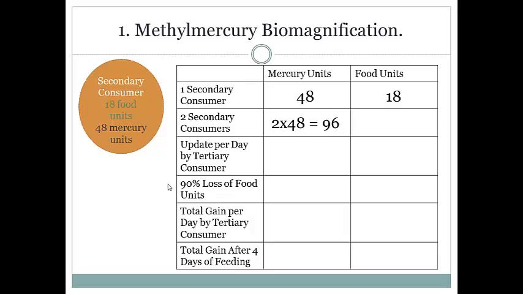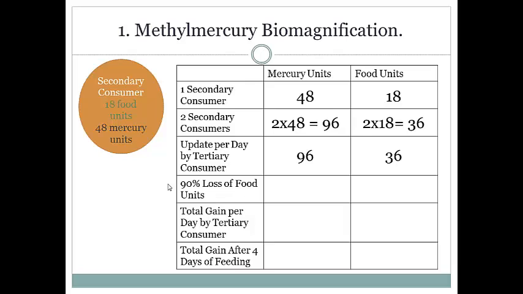So that means he would uptake 96 of the mercury units, 2 times 48, and 36 food units, 2 times 18. We're multiplying it by 2, again, because we're eating 2 secondary consumers per day. So that means that each day, the tertiary consumer is going to consume 96 mercury units and 36 food units.